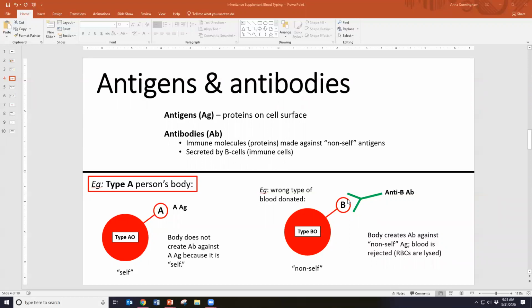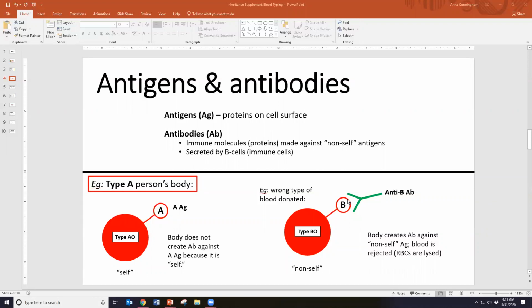It belongs. If that person received a donation of the wrong type of blood, that antigen would be called a non-self antigen. I think sometimes this is also referred to as a foreign antigen. So basically it's an antigen that does not belong in the body. In this case, the immune system does recognize this as bad.